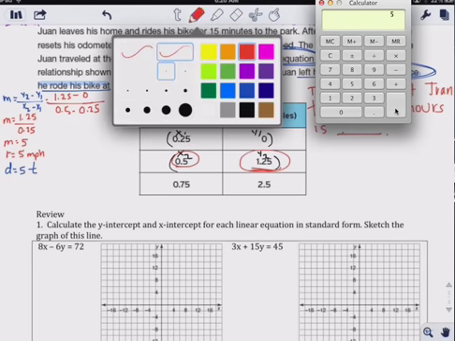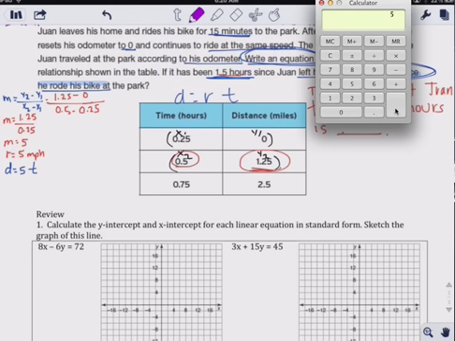That's why it's very important. We need to take into account this time. Here they use this time that he rode to the park. It took 15 minutes to ride to the park. So the distance that he traveled to the park, distance here, is not necessarily 0.